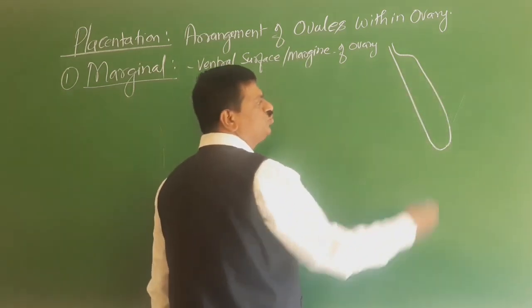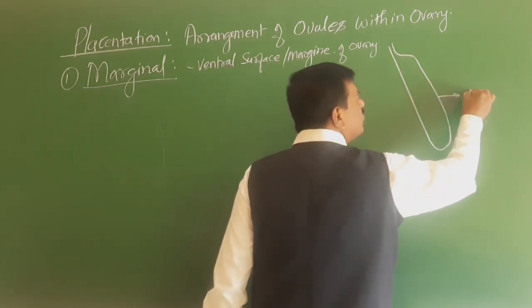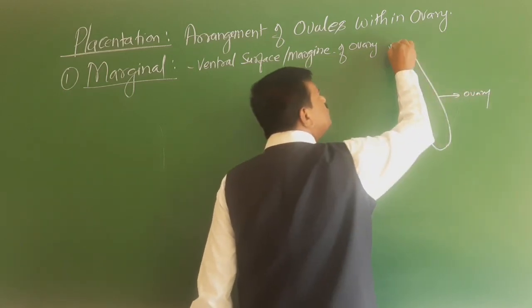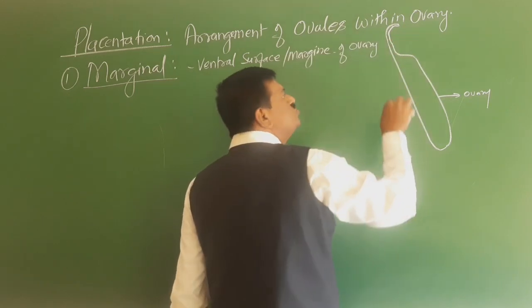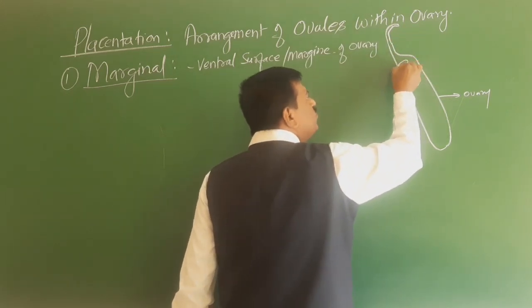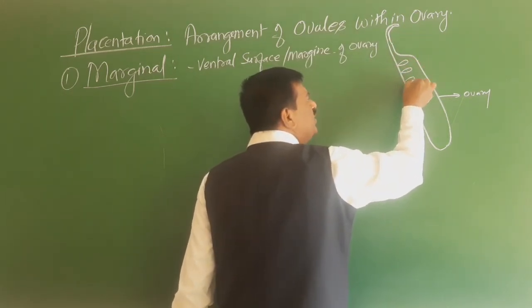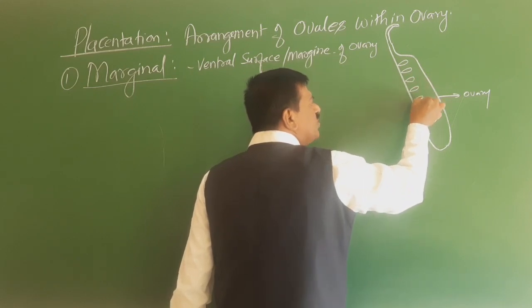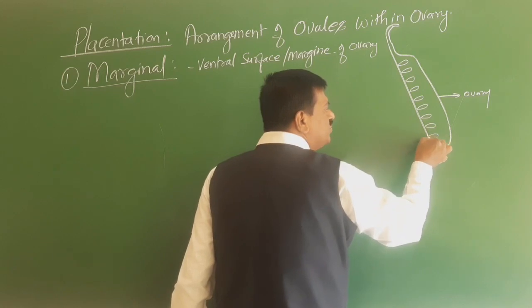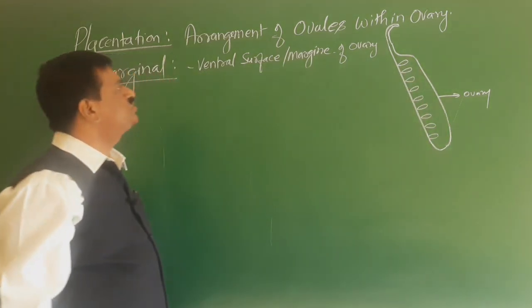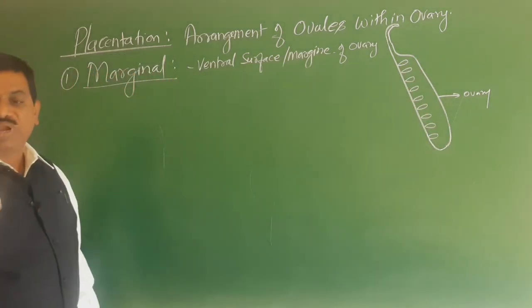This is the ovary, this will be the style and stigma. It is like this. Inside this ovary, the ovules are arranged towards the margins. You can see like this. Ovules are arranged towards the margins. This is called marginal placentation.